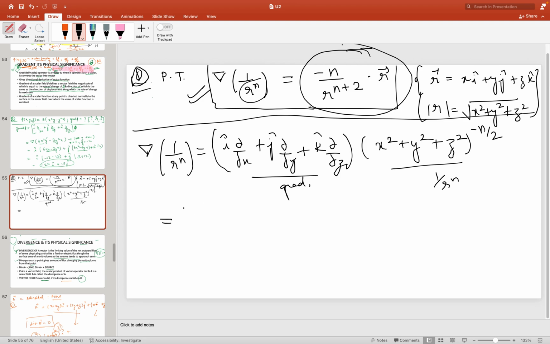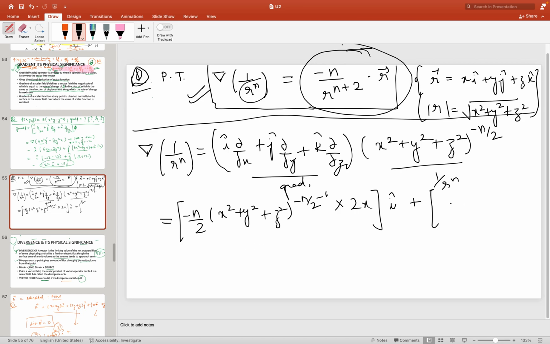Okay, so how will it come? It will be minus n by 2 (x square plus y square plus z square) to the power minus n by 2 minus 1, multiplied by 2x. This will be your i cap term. Similarly, you will get the terms for j cap and k cap also.